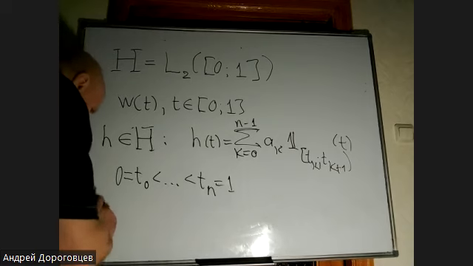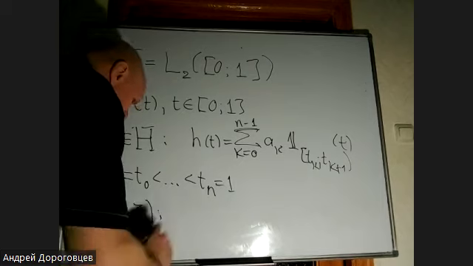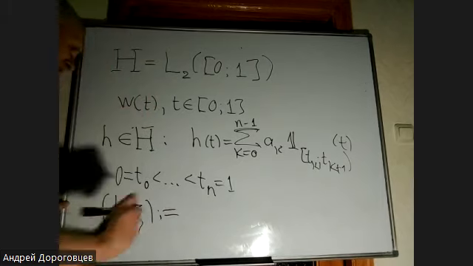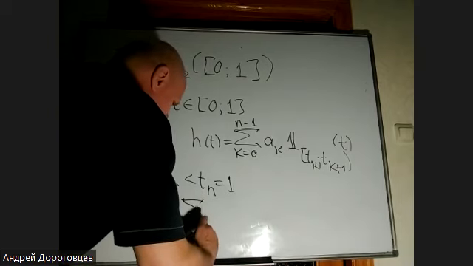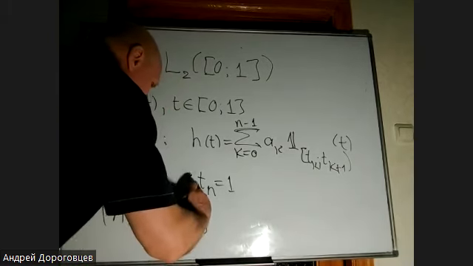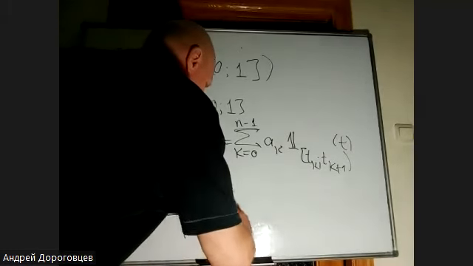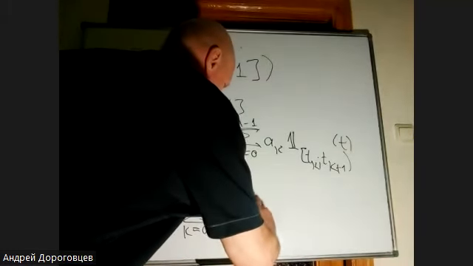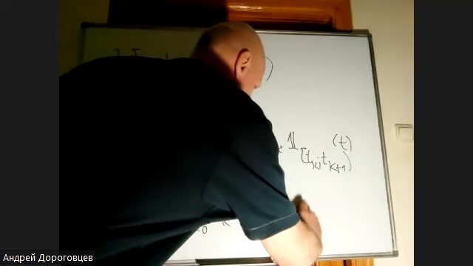Now let us define (h, psi). This is the definition as a sum from k equals 0 to n minus 1 of a_k times (W(t_{k+1}) minus W(t_k)).